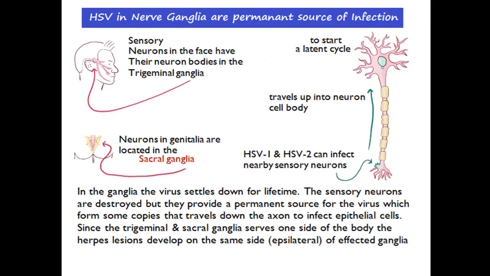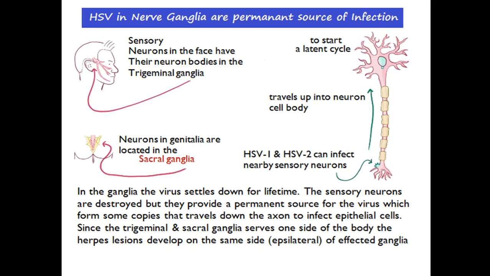Now once the virus has entered the human tissues, what it will do is enter into the nearby nervous system and into the neuron. In this neuron it will travel to the nearby ganglia or nucleus of the nerve. And once in the ganglia, the virus makes its home here and lives here for its lifetime.